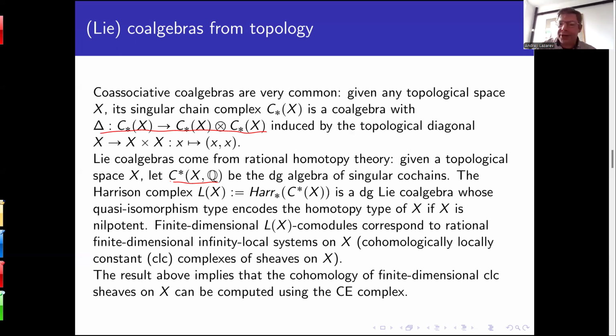Okay, if you don't care too much about topology or rational homotopy theory, you can forget about that. It seems that as an algebraic structure, Lie algebras are quite natural and deserve a study in their own right, for their own sake.